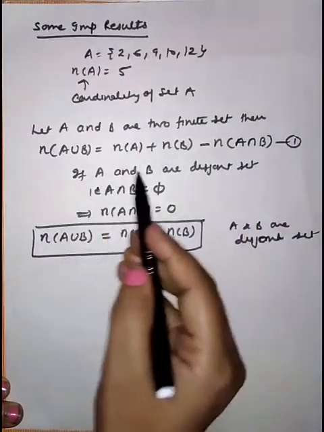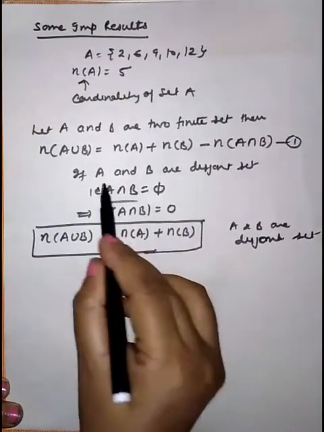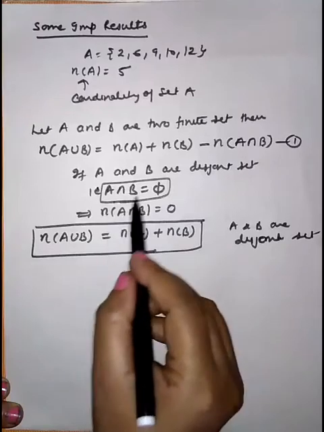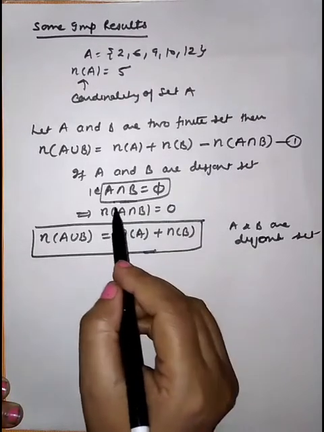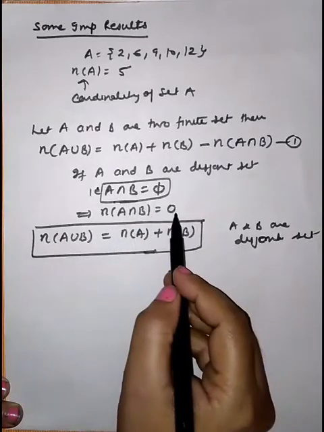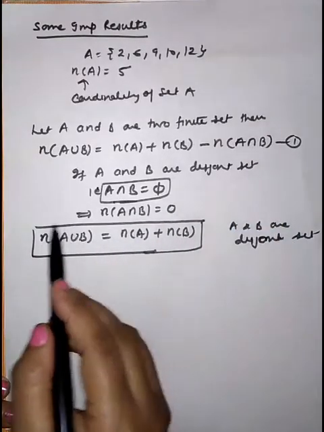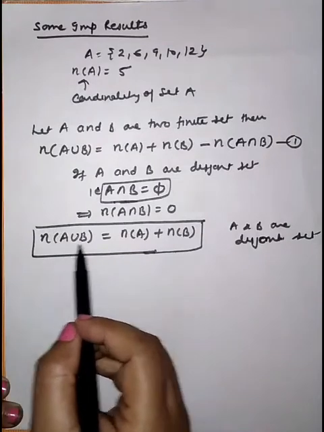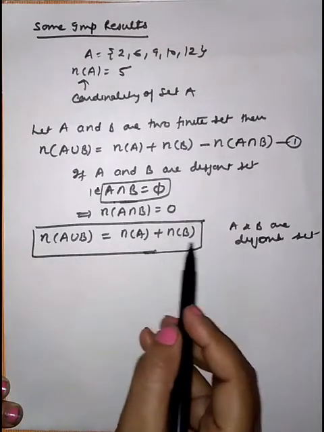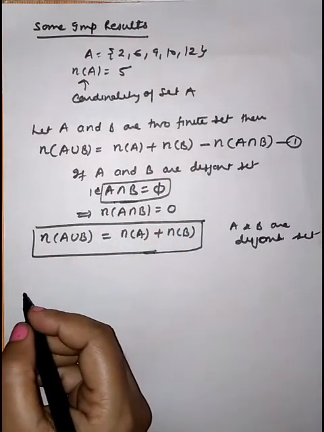But if A and B are disjoint sets, then A intersection B is empty, so the number of elements is 0. Put this value in equation 1 and you get n(A union B) equal to n(A) plus n(B). So both results are very important.